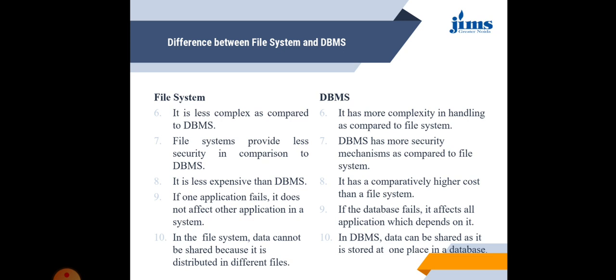But with the help of DBMS, we can share the information with various users at the same time.